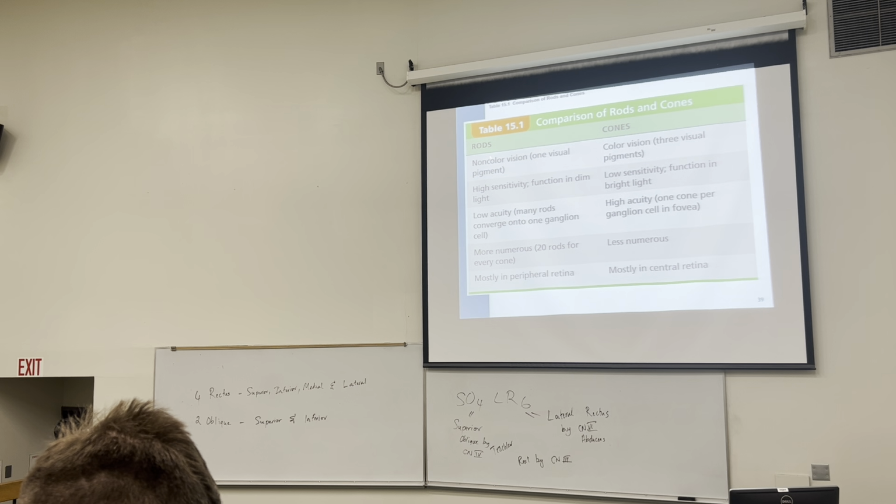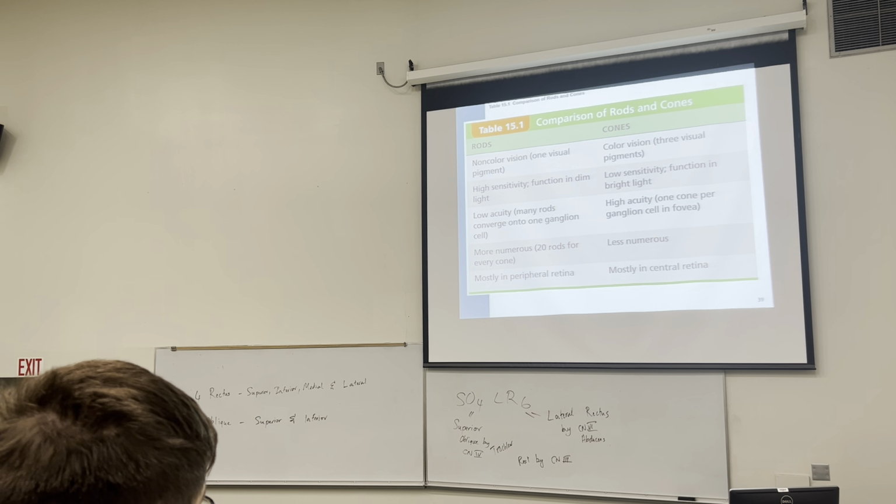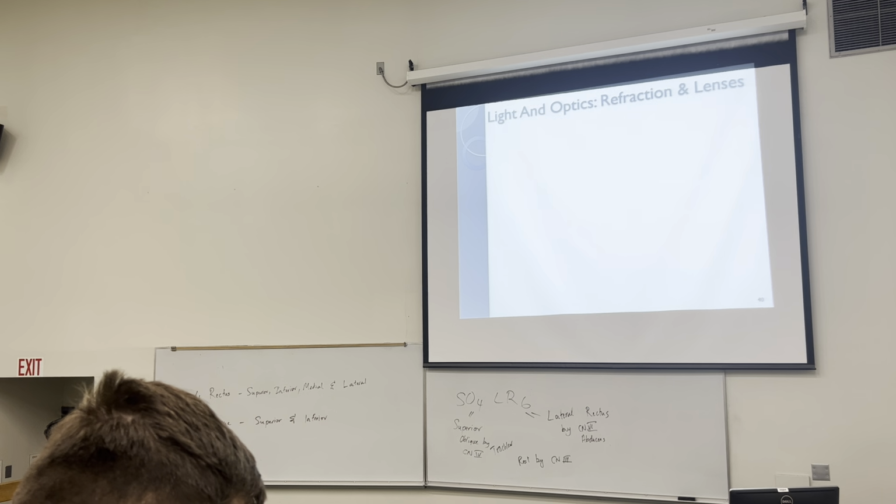In terms of number of cells themselves, rods outnumber the cones. A lot in the periphery, only a small macular lutea. They're found mostly in the periphery, while cones are mostly in the central visual field, because of recognizing the central location of those cells in the retina.